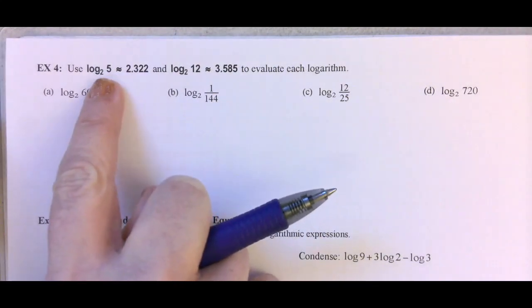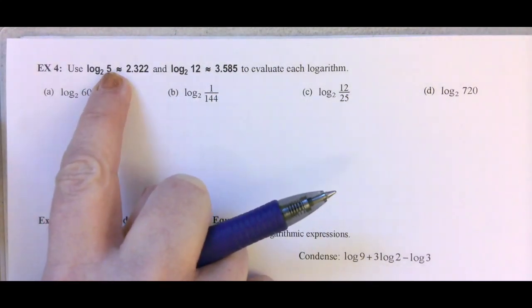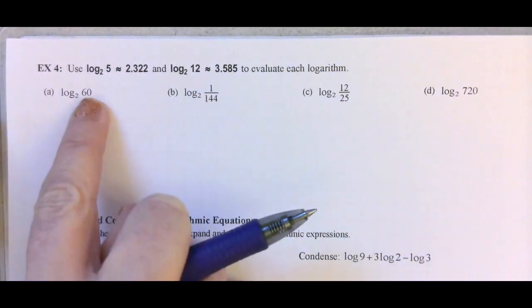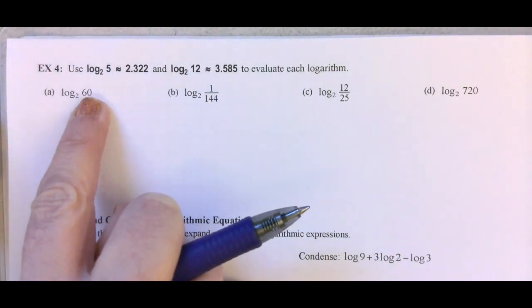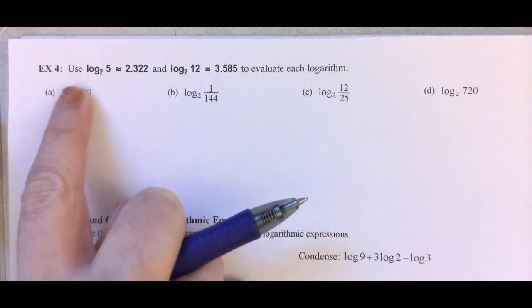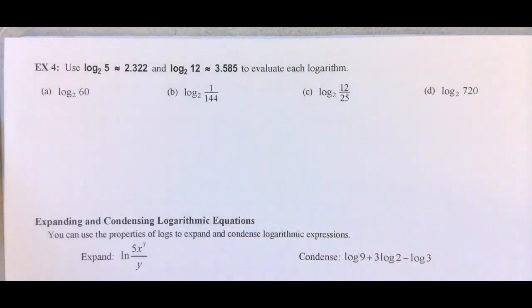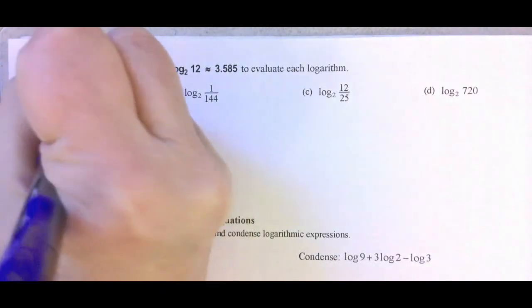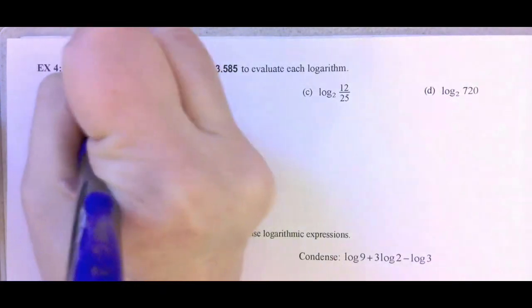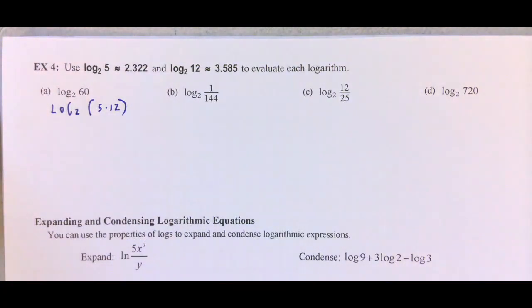Can I use the product of 5 times 12 to get me to 60? Could I think of the factorization of 60 in terms of 5s and 12s? Well, of course. I know that log base 2 of 5 times 12 is the same thing as 60.